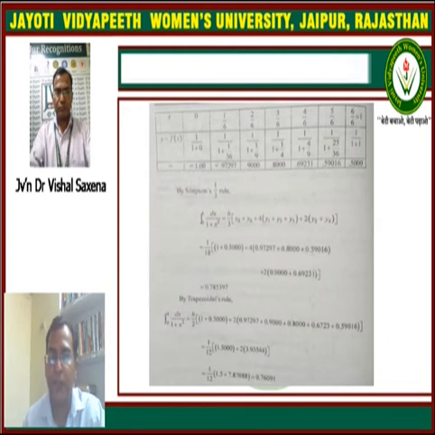The values of x are 0, then 0 plus 1/6 means 1/6, then 1/6 plus 1/6 means 2/6, then 2/6 plus 1/6 means 3/6, and in the same way we have to go till the last value 1 is reached, that is 6/6.